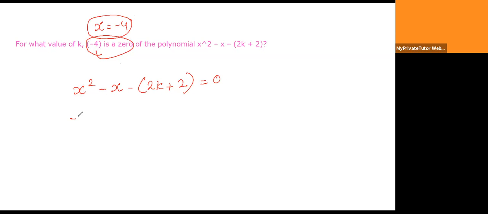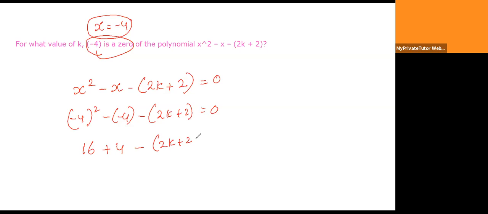So what is minus 4 whole square? 16. Minus of minus 4, 2k plus 2, which is 16 plus 6. Okay, that's it. And I will move this to the other side.